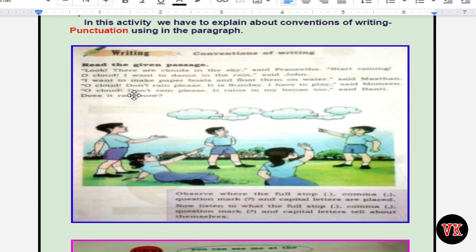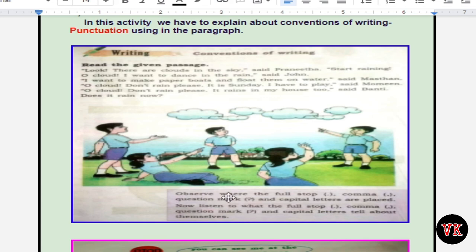Observe this paragraph. In this paragraph, full stop, comma, question mark, and capital letters are placed. But the student doesn't know where these should be placed in the paragraph. That's why here the full stop, question mark, capital letters and comma should say where they can stay. You see here the full stop. Use me at the end of the sentence.